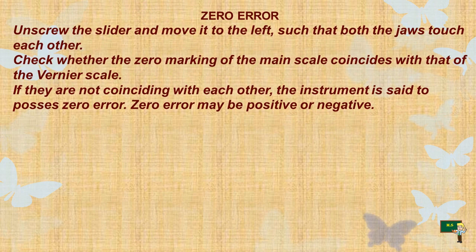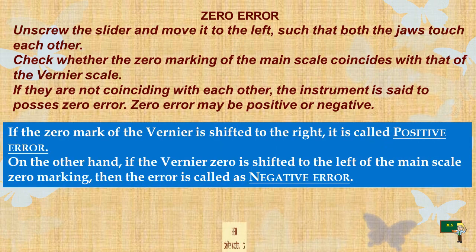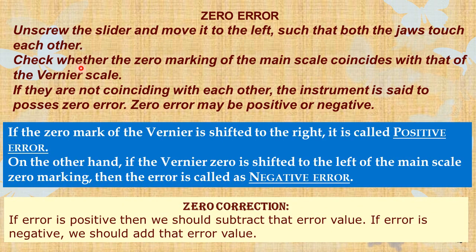Let's see what the zero error in this vernier caliper is. Unscrew the slider and move it to the left such that both the jaws touch each other.